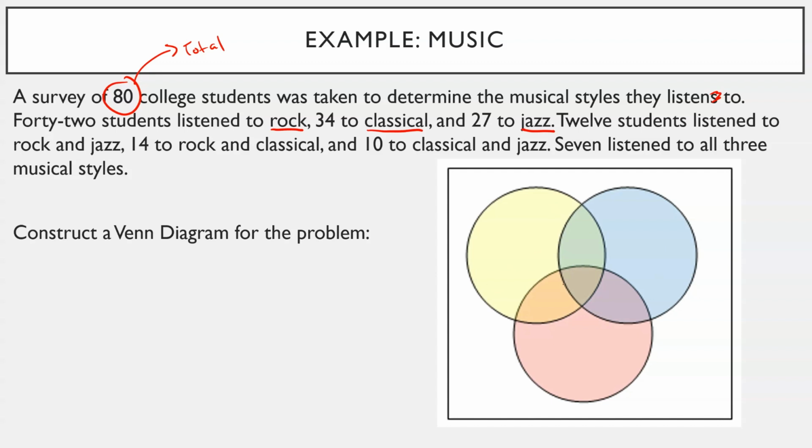And so here's how you would draw the Venn diagram. This first kind of yellow and then all these intersection regions, these are students who listen to rock. All of this region here, those are going to be students who say they listen to classical.